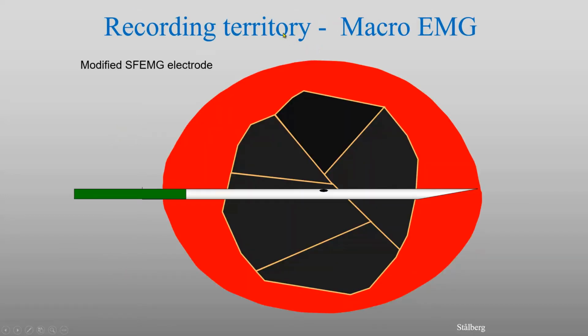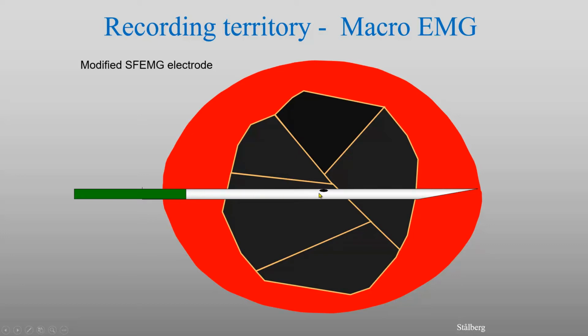The recording territory in the macro EMG looks like this. Here the red is a symbol of the muscle and the black is symbol of one motor unit. And this is in the picture a little too big because motor units are much smaller in relation to the muscle.